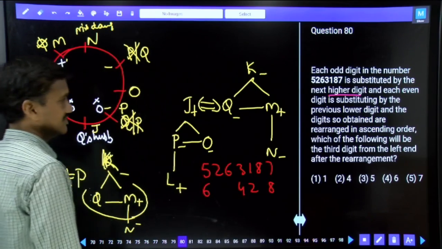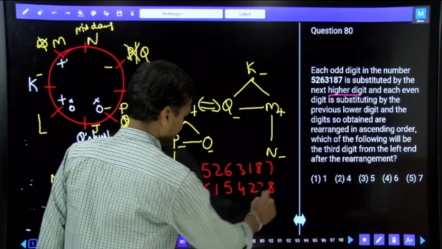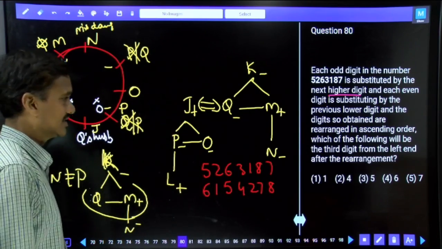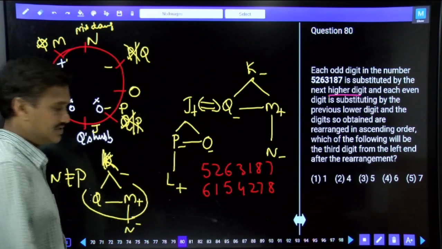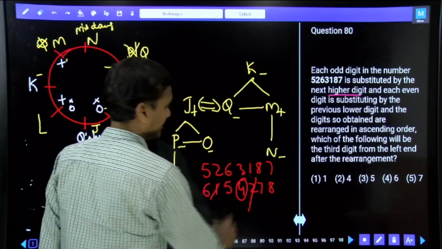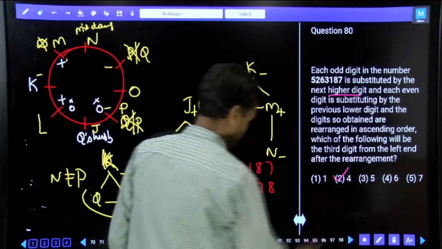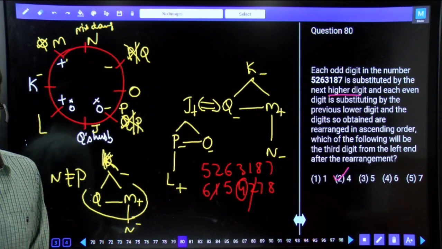And even digit, it must be minus 1. And this is 1, and this is 5, and this is 7. Then all the digits are arranged in ascending order. Then which will be third from the left hand? Ascending order means from lowest to the highest. Now this is the first number, this is the second, and this will be third. And what is your answer here? 4, that is choice 2. Clear? Question number 80, choice 2 is the answer.